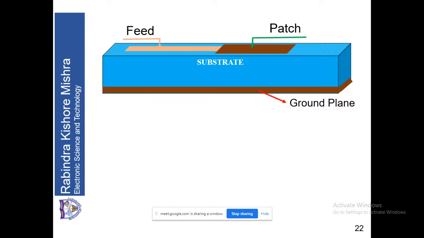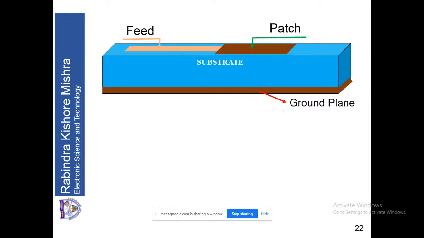Now, if you look at this, in the last class also, I said that the upper patch and the ground plane both are conductors. So two conducting plates, there is a separation between the two conducting plates, and that separation is filled by a dielectric. So we can easily correlate it to a capacitor.